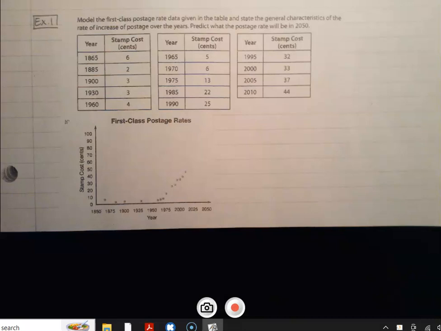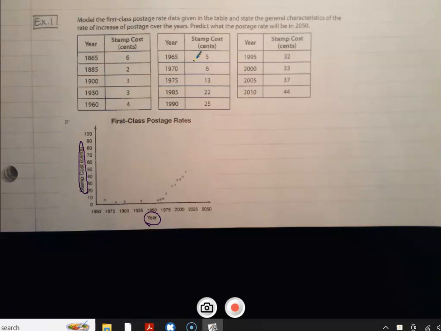Predict what the postage rate will be in 2050, pardon me. Our year is our x-axis, so that's our independent, and our dependent is the stamp cost. We've got all three of these tables combined into this graph.